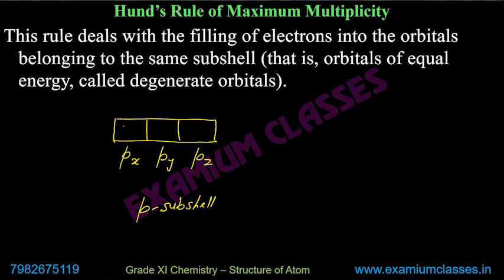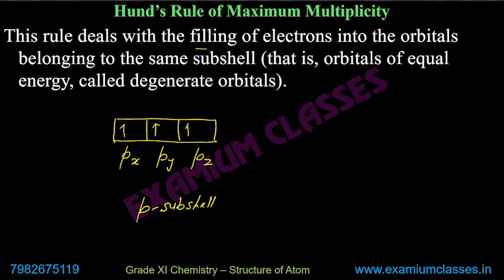So for example, if one electron comes here, then the second electron will not be here. The second electron will go to the next orbital. The third electron will go to the next orbital. Now each orbital has one electron. After that, pairing will start.